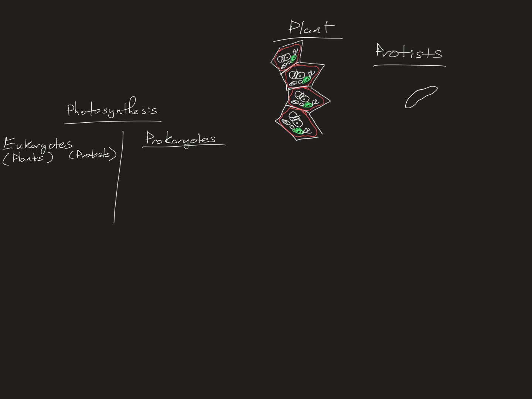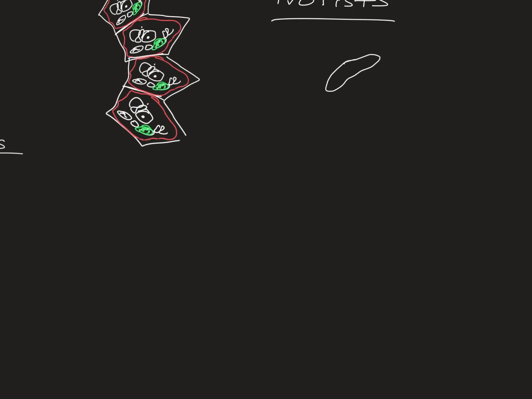They have different shapes. Some protists might even have a flagella. Some might have cilia. Flagella are those little tails that help them swim, and cilia are little extensions of the membrane that help them move along.